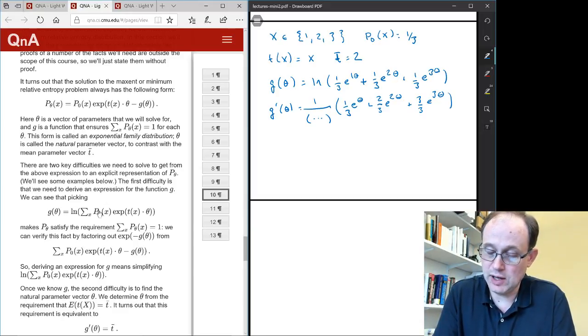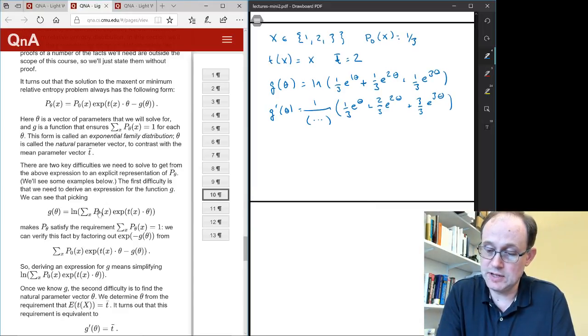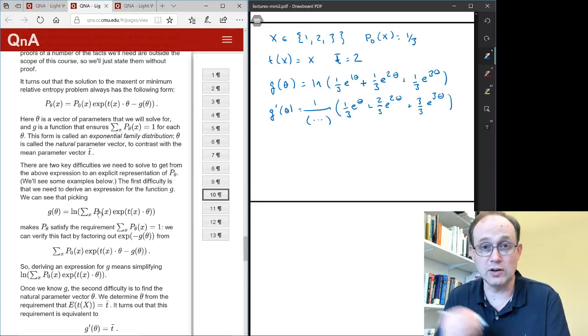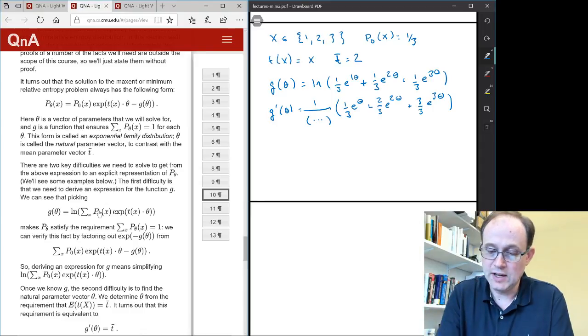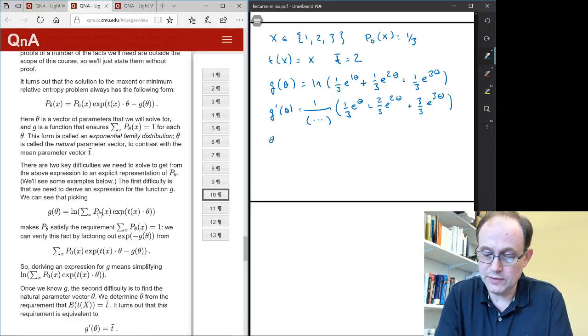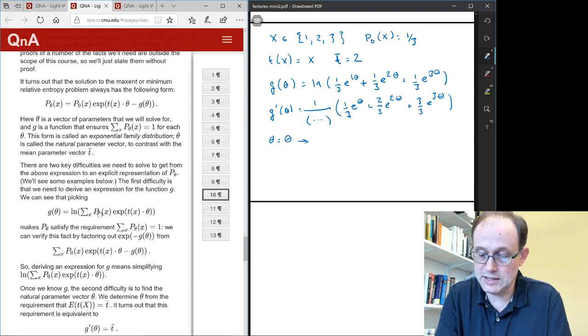If we do that, e to the 1 theta, e to the 2 theta, and e to the 3 theta are all 1, because e to the 0 is 1. So if theta is equal to 0, then g prime of theta is equal to 1 over 1/3 times 1 plus 1/3 times 1 plus 1/3 times 1, which is 1.